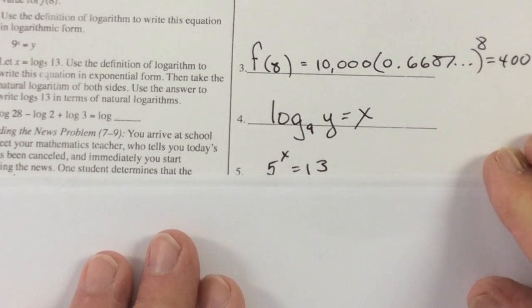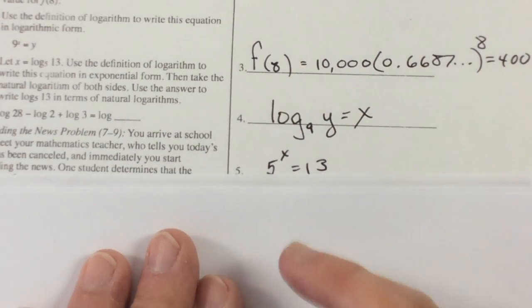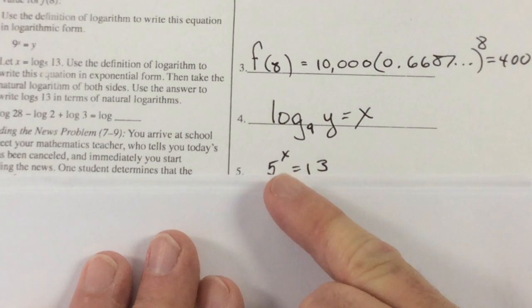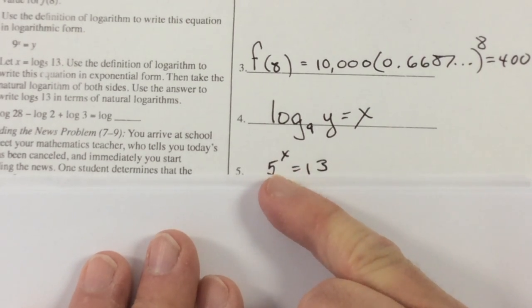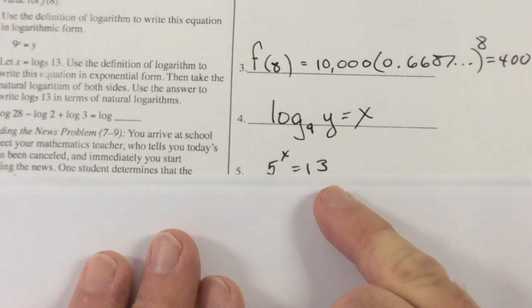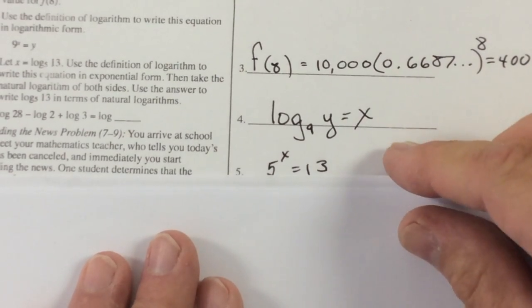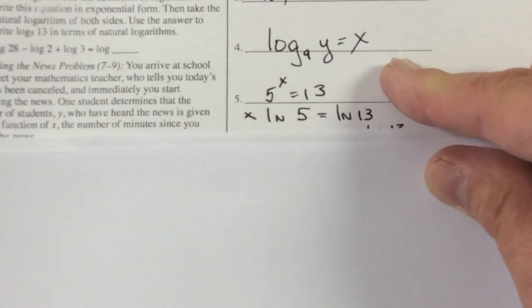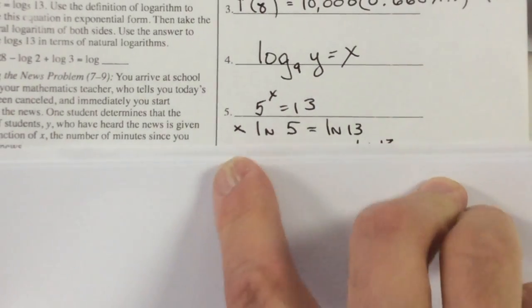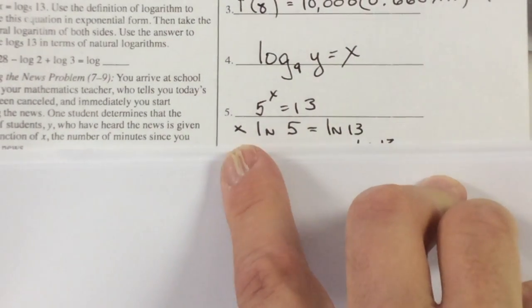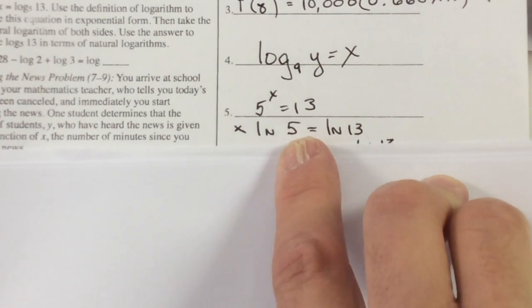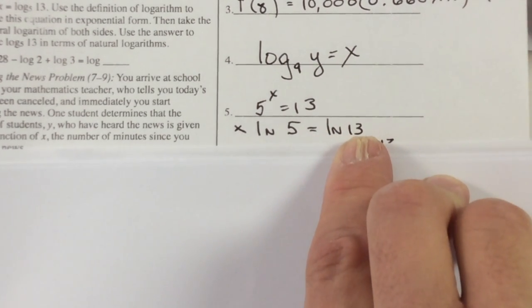If x is equal to log base 5 of 13, then x is the exponent that you need to use on 5 to get 13. Then take the natural logarithm of both sides. If we take the natural logarithm of both sides, we wind up with x times log of 5 is equal to log of 13.